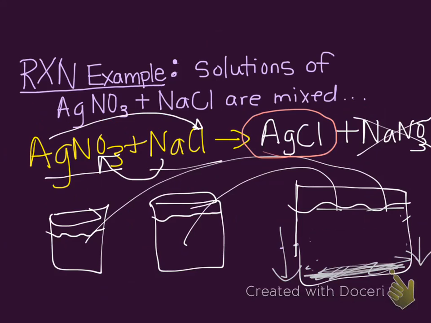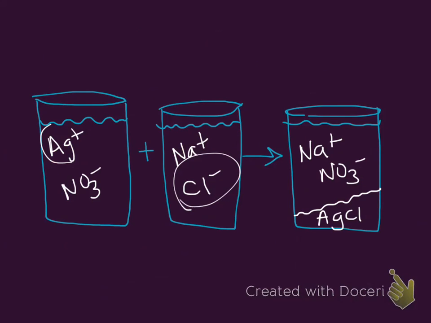By the way, when I wrote this reaction, the reason I didn't have to balance anything or use any subscripts is because everything was a 1-to-1 ratio. Make sure you go back and review the ones that are not 1-to-1 ratios. So when I go to write my net ionic equation, because that's really important, the ion that's important from this beaker is the Ag+, because when I write the net ionic, I want to focus on what gives me the precipitate, because the formation of the precipitate is the whole part of this reaction, because that's what's actually changing.